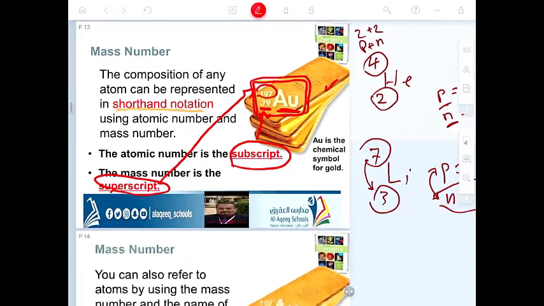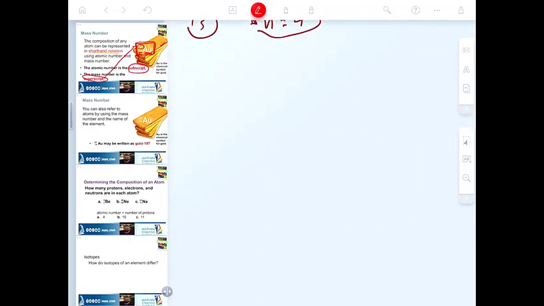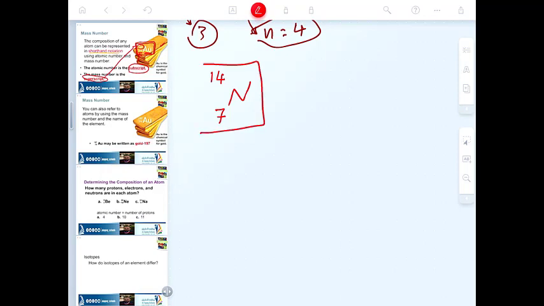I did some of them and I will do another now so you know what I mean. Nitrogen, the symbol is N, has atomic number 7, this is the subscript, and mass number 14, this is the superscript. So we have the shorthand notation for nitrogen.